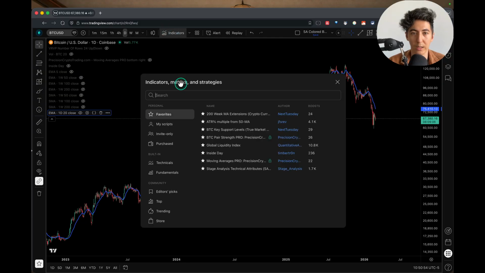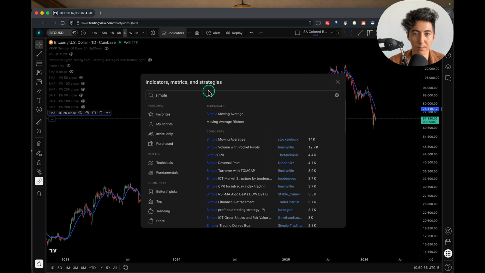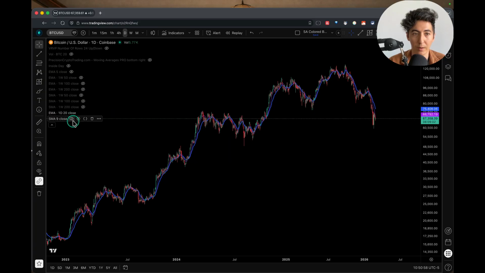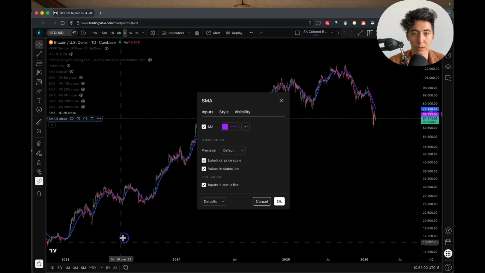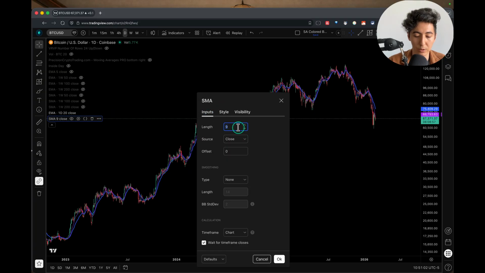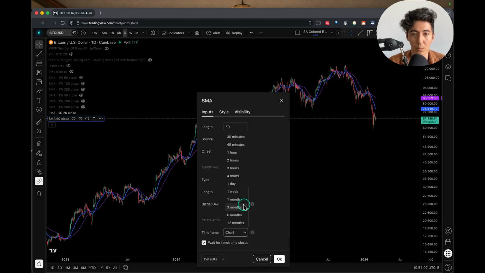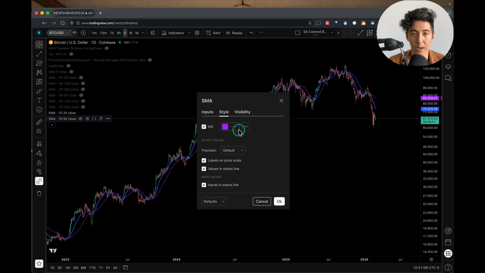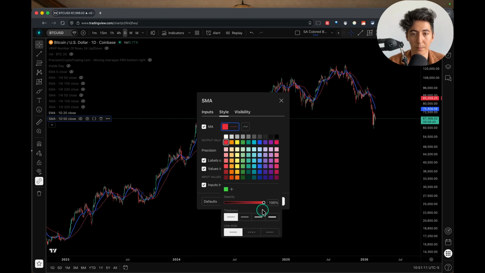And then for the simple moving average, you just look up simple moving average and put that there. Go to settings, inputs: you do 50, time frame 1 day, style. I color this one red and make it a little bit bolder.